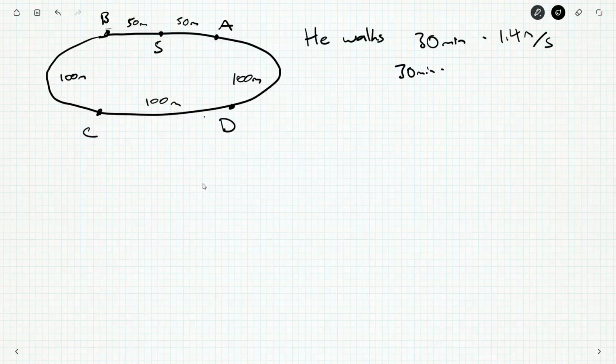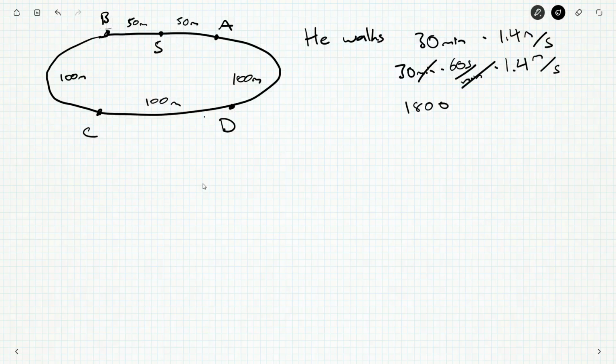So that's 30 minutes times 60 seconds per minute times 1.4 meters per second. Now the minutes will cancel out and we'll be all set. So that's 30 times 60, that's 1800 seconds times 1.4 meters per second. Now the seconds will cancel out. 1800 times 1.4.